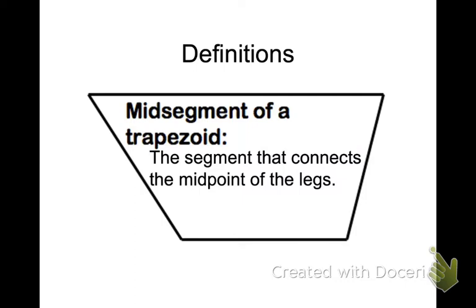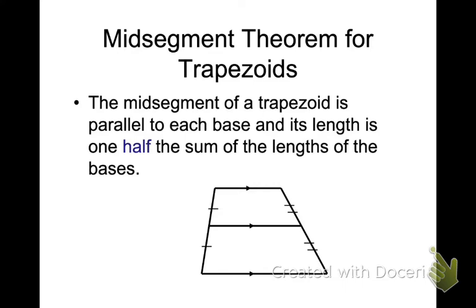And when we create a mid-segment of a trapezoid, we get the mid-segment theorem, which says the mid-segment of a trapezoid is parallel to each base and its length is 1/2 the sum of the lengths of the bases.